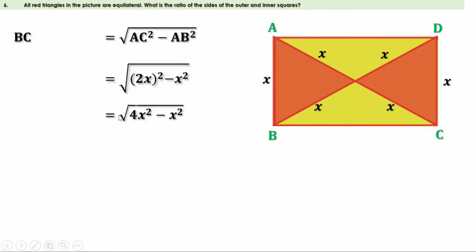So, this can be written as 4x square minus x square, which is 3x square. So, this is root of 3x square. Root of 3x square means root 3 into root of x square, and root of x square is x. So, this can be written as root 3 x. That means BC equals root 3 x, or the length of this rectangle is root 3 x.